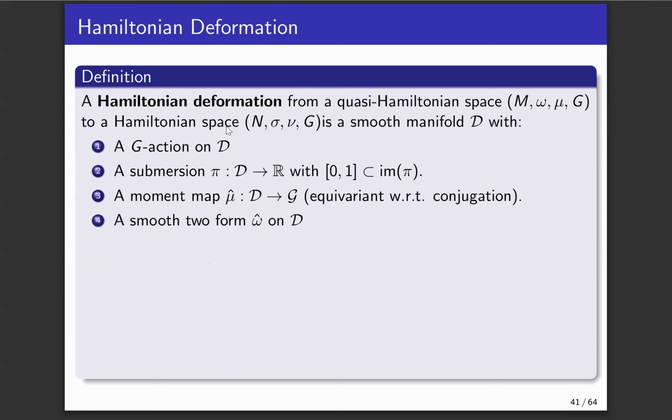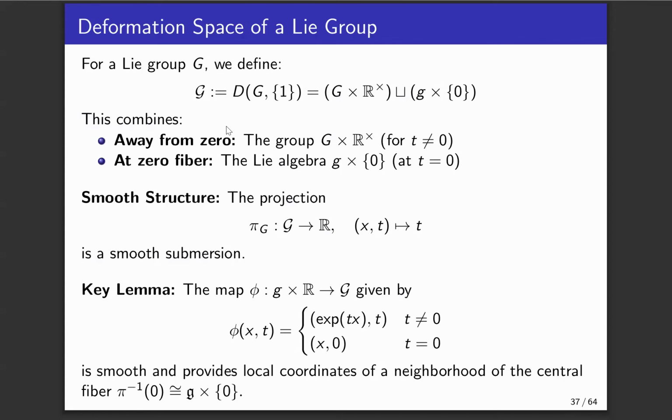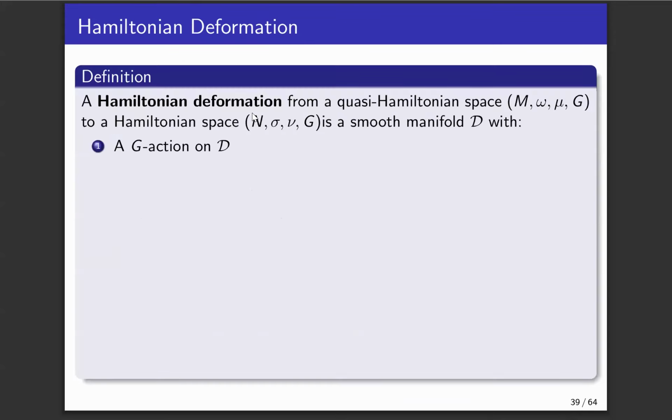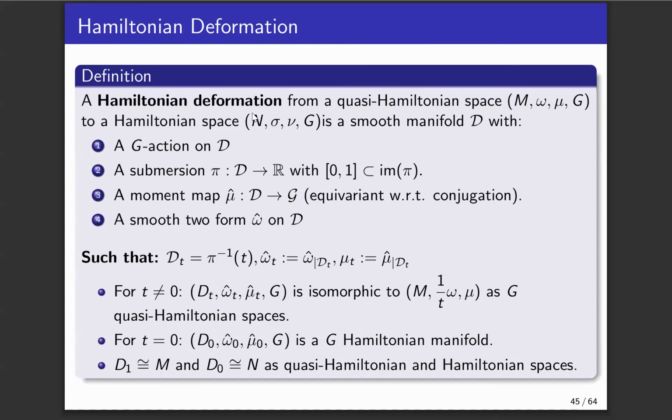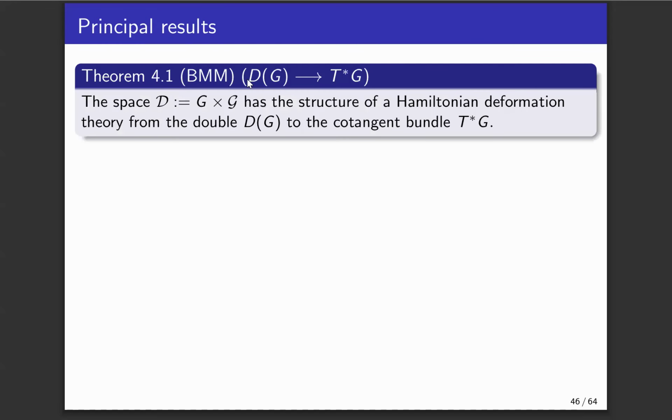We defined this in the previous slides. So G is this one. It's only the deformation space of this Lie group. And then if we take this manifold G times dg1, it has the structure of a Hamiltonian deformation from the double to the cotangent bundle.